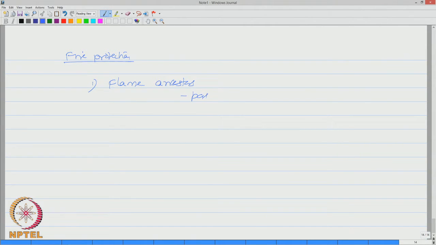These are actually passive devices that are designed to prevent propagation of gas flames through pipelines.